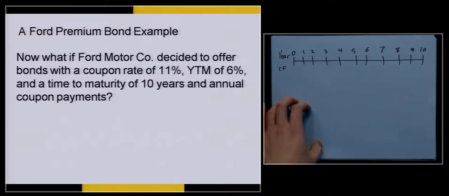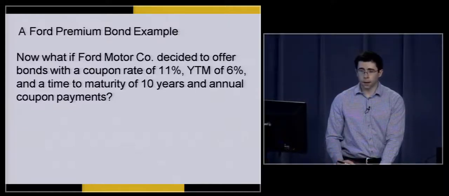And because we have annual coupons, the amount we receive in the form of a coupon payment is going to be 11% times our face value, which is just assumed to be $1,000 because this is a corporate bond, divided by the number of payment periods per year, which is just 1 because the bond pays annual payments.